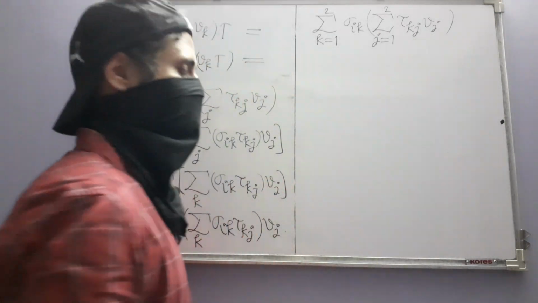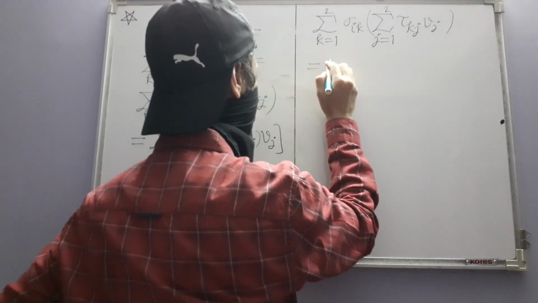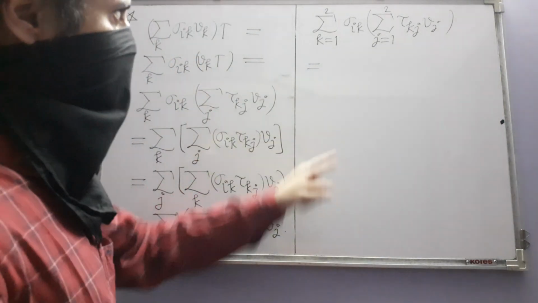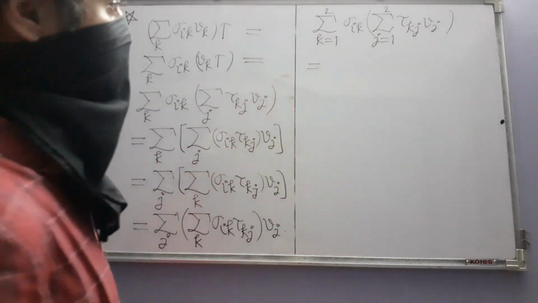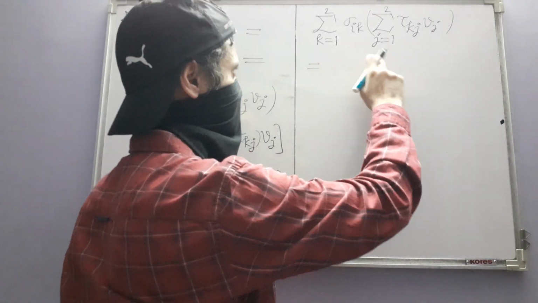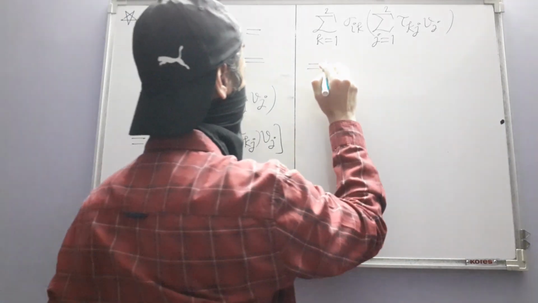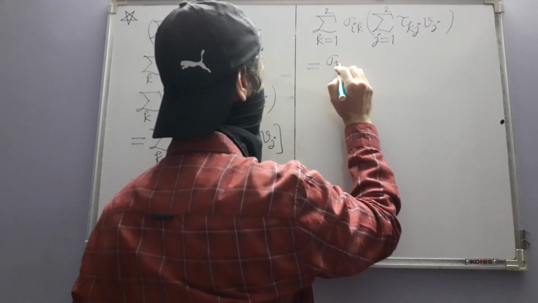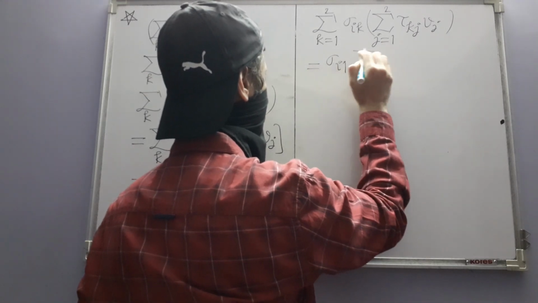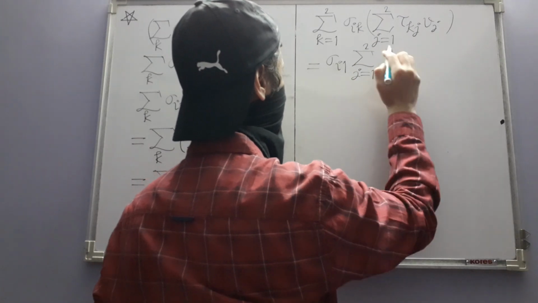Now what is this actually? It is just this. It's a sum of two terms. I mean, I'm talking about the outer sum. One of the terms has k equal to 1 and the other term has k equal to 2. So for k equal to 1 we get this: sigma i1, summation j varying from 1 to 2.